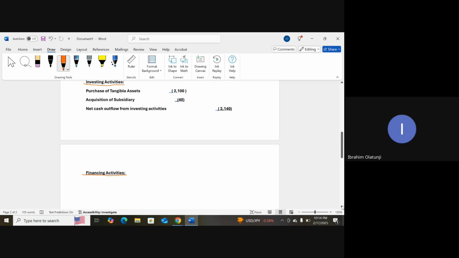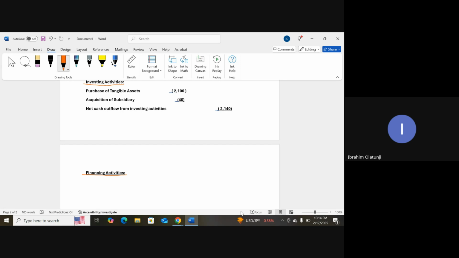You want to finance your project and you don't have money, you go to the bank and the bank will lend you money. So if there is a loan in the question, or probably a venture, it will form part of your financing activity.